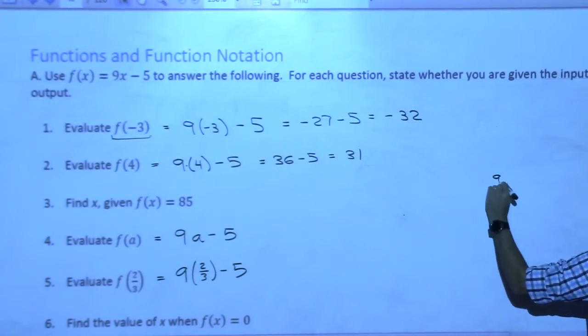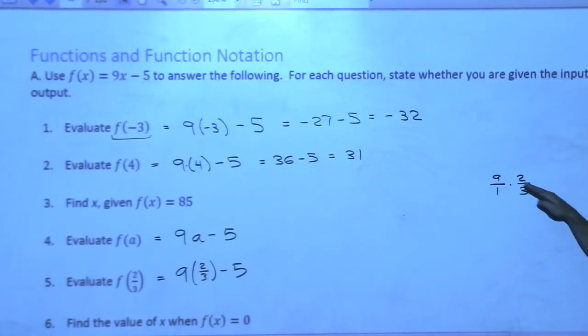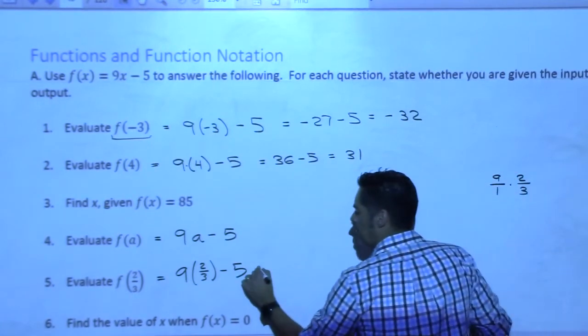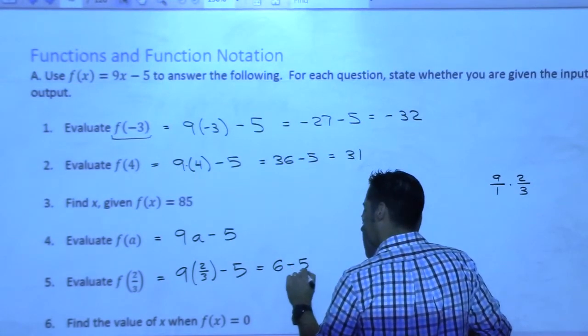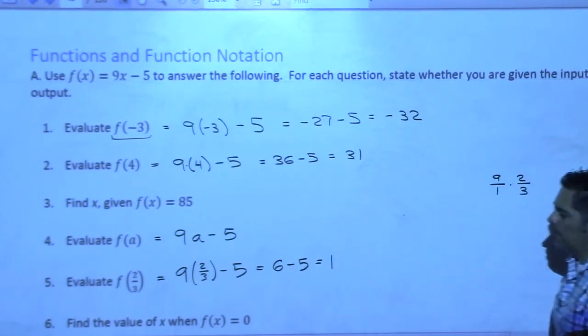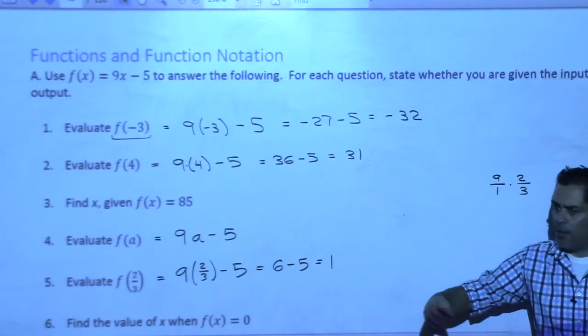You have to do 9 over 1 times 2 over 3. You could cancel, or you could just multiply 18 over 3. It's going to be 6 when you do this. So this becomes 6. 6 minus 5, which is 1. Kind of weird, but you plug in 2/3, it spits out 1.